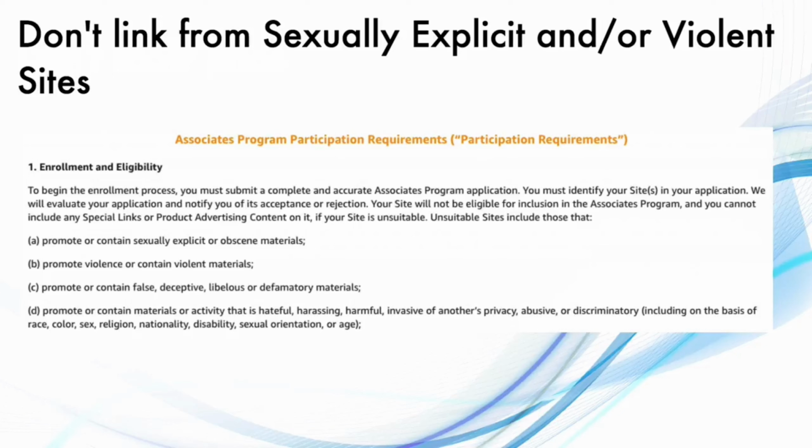And if Amazon finds that you're linking from sexually explicit or obscene material, or material which promotes violence, or material which promotes false or deceptive material, or defamatory material, or something which is harassing an individual or invading someone's privacy, then Amazon might ban your account.